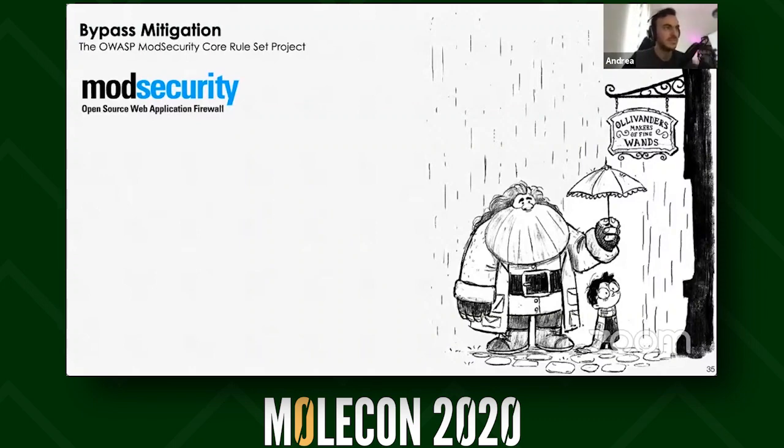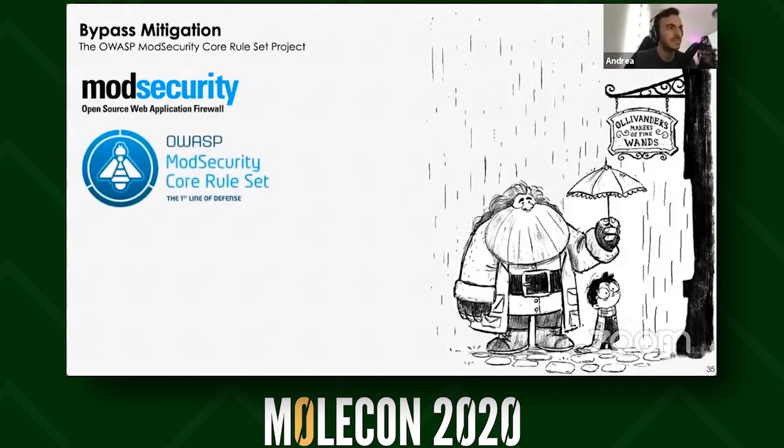And there are some public rules that you can use with ModSecurity. Talking about rule sets, I never found a rule set more effective than the OWASP Core Rule Set for many reasons. The OWASP ModSecurity Core Rule Set is an open source rule set for ModSecurity, and it's an active project and widely used.